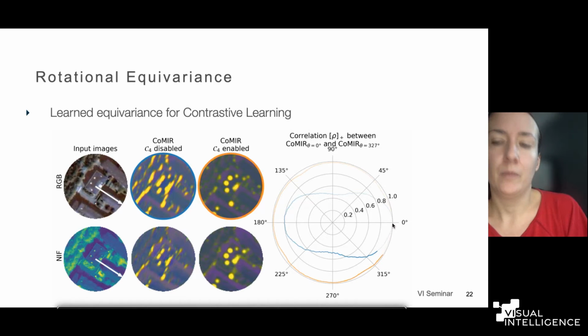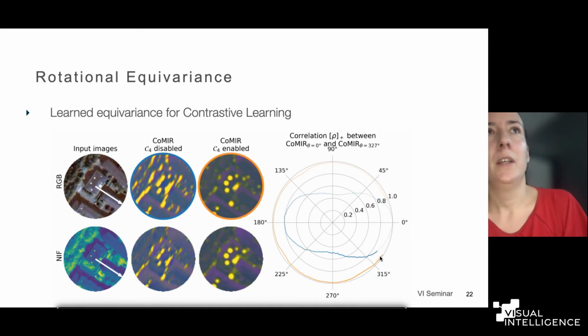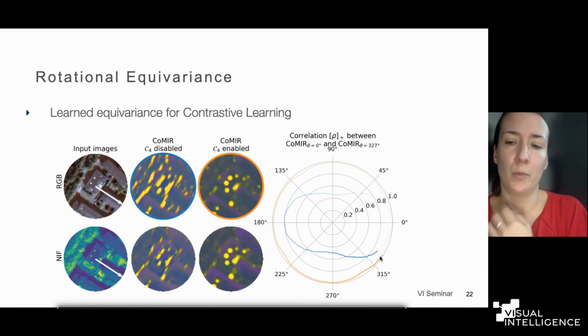So we get a very nice correlation at 0 degrees and a decent one at 180 degrees. But in between, we get quite a difference between those Comirs if we don't have these constraints. While in this orange line, you can see that we get almost a fully nice correlation throughout all the degrees, even though we're just requiring these multiples of 90 degrees to be really aligned. That's the C4 group. So that was very nice for us to see.